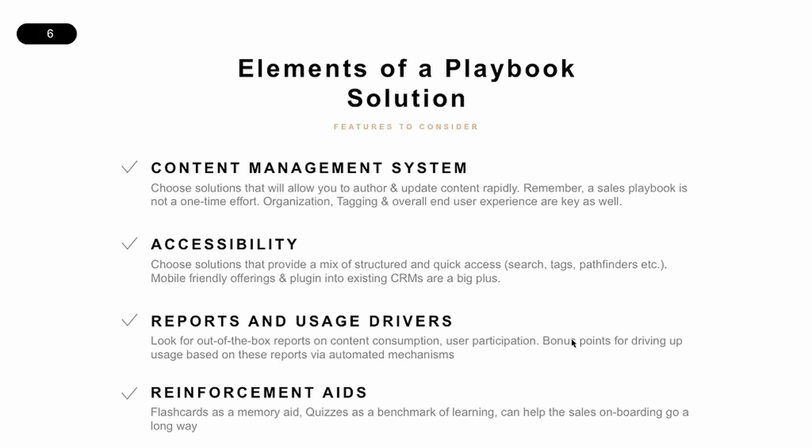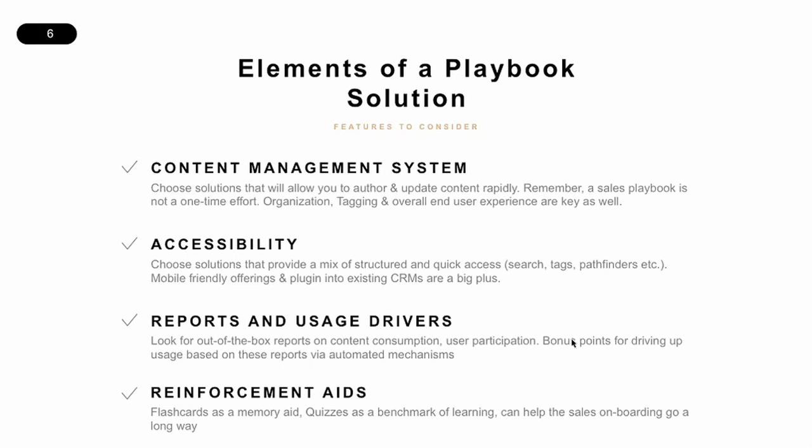So a little bit of that is addressed under accessibility, which is: your salespeople may be on the move, on the go, in the field. Do they have access to it while they are out in the field? Which means, is there an iPad app? Is there a mobile app? Or is the site itself responsive? Those are some of the things you might want to think about.